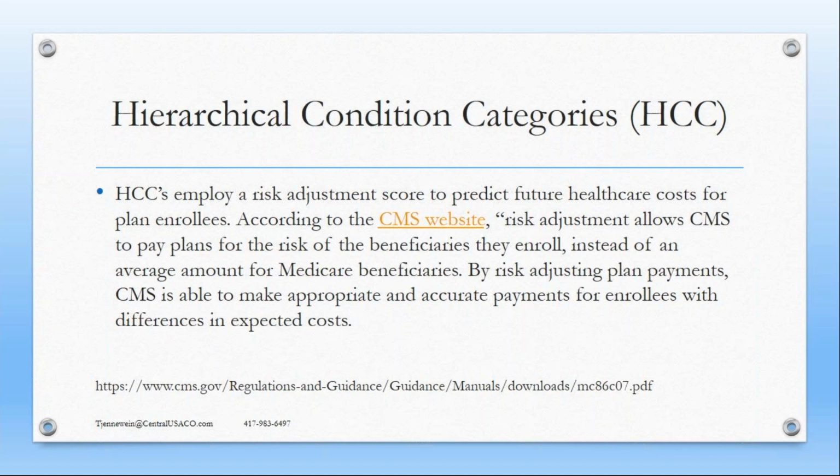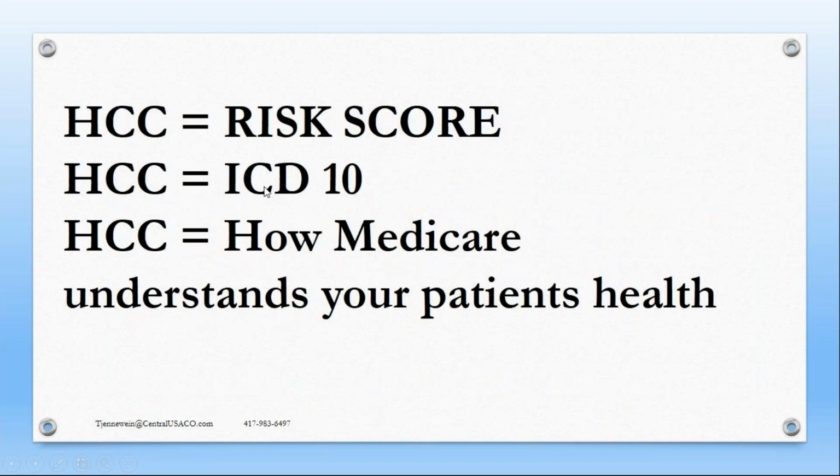So it's a risk score that allows Medicare to understand how sick the population is and adjust payments accordingly to how sick the patients are. Okay, so what does this mean? HCC scores translate into dollars. How does an HCC score or a risk category translate into dollars in Medicare's eyes? So let's go ahead and look at that.